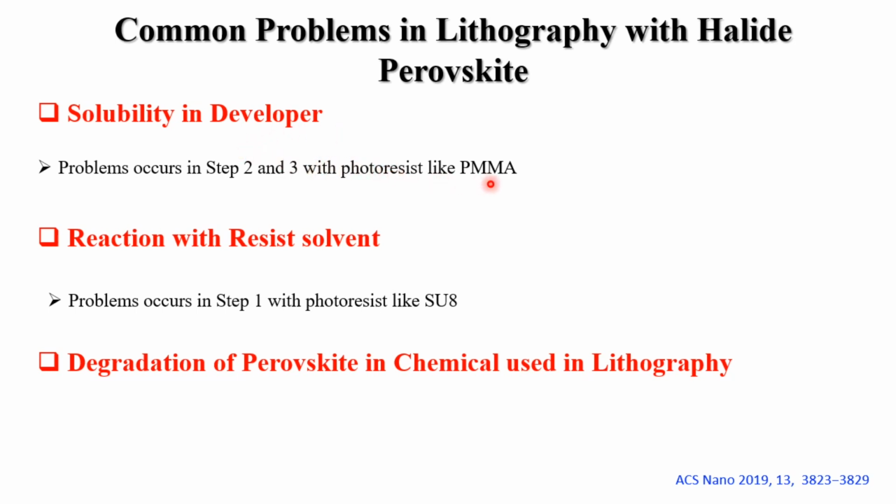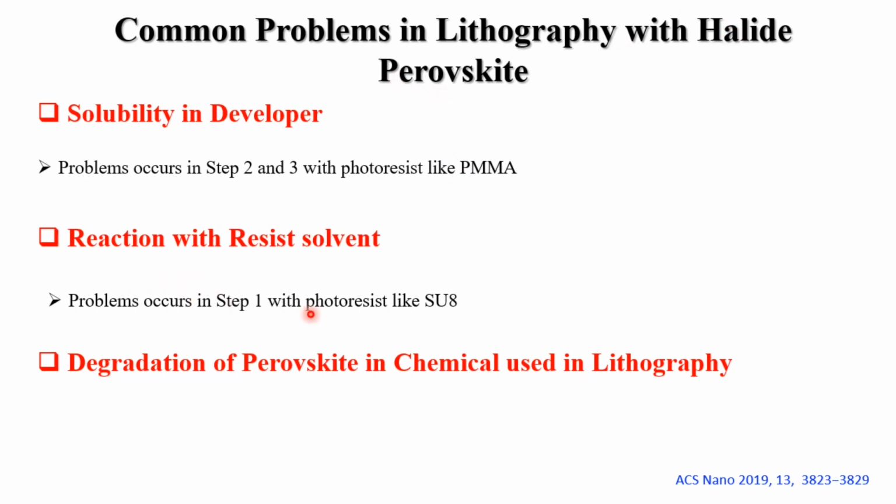For PMMA, there are certain developers used, in steps 2 and 3, so the problem occurs in this step. The other problem is reaction with the resist solvent. The photoresist is also thinned with some solvents, and these solvents dissolve the halide perovskite.